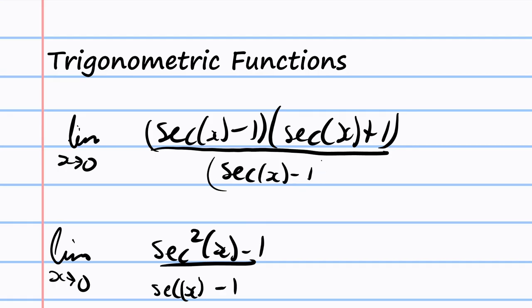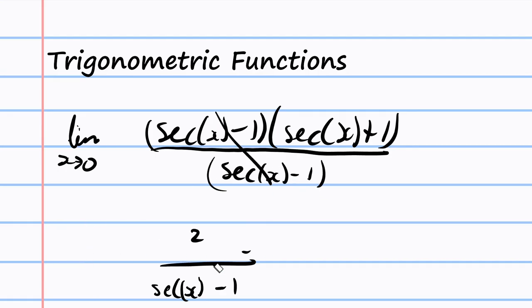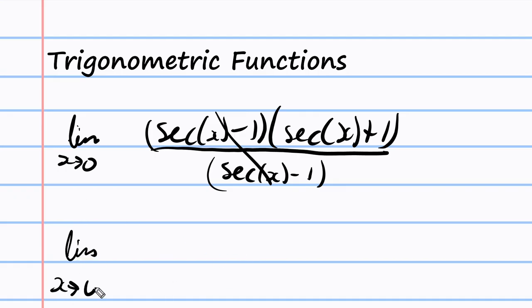You can divide them out, and then what do you get? You get the limit as x approaches 0 of secant x plus 1, which is equal to 2. So here's another instance of how you may need to use trig identities to rewrite the function so you can actually evaluate the limit. All right?